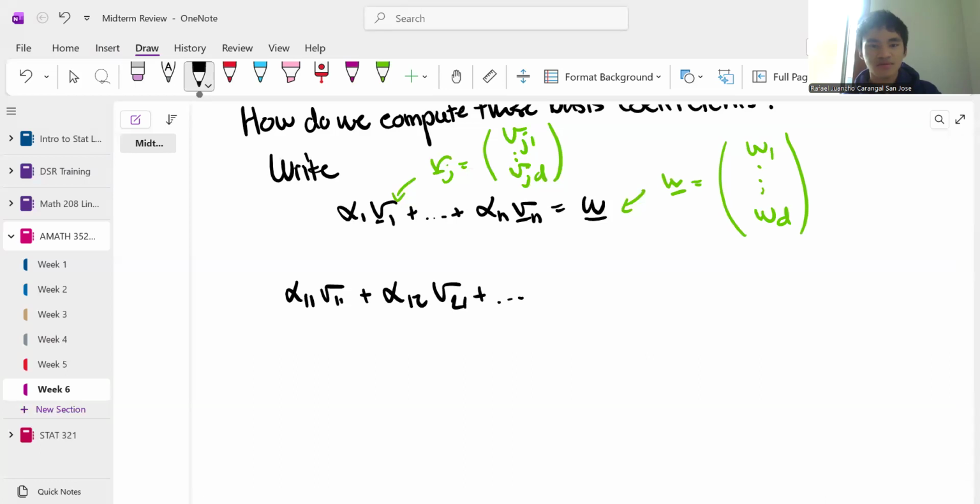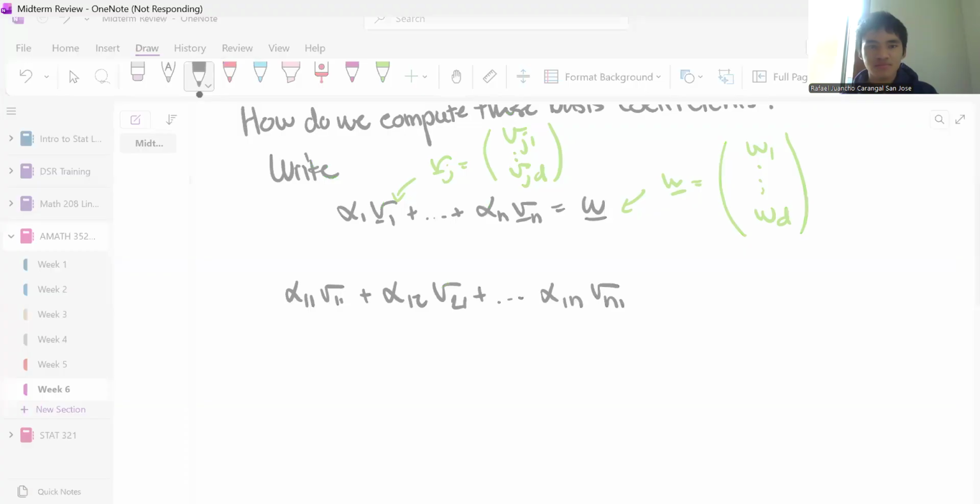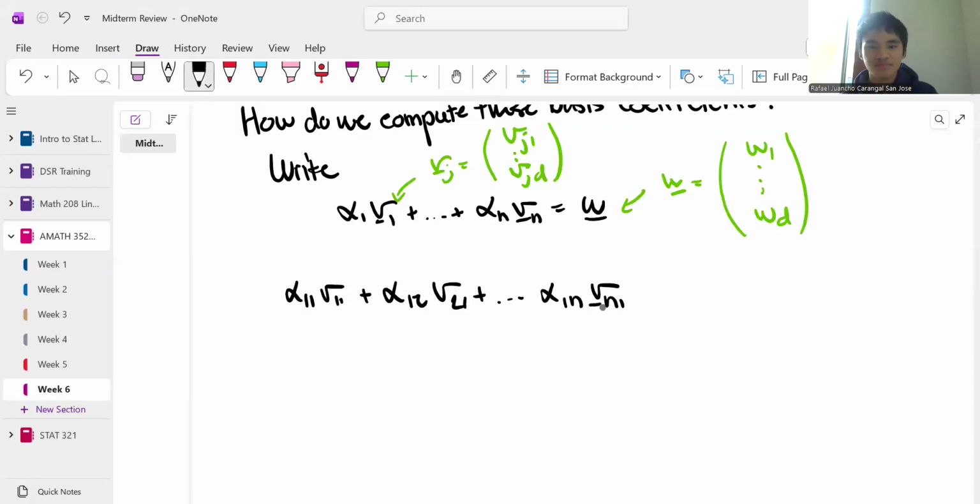Keep going. Alpha n Vn,1. This is equal to, I think, W1.